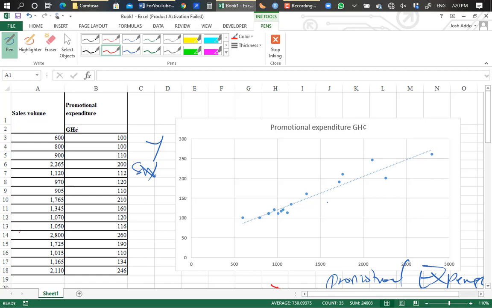The B is measured by the gradient of this line. This line is just plotting the points of sales volume and promotional expenditure. So this is the trend line. This is measuring change in sales volume, and this is measuring change in promotional expenditure.